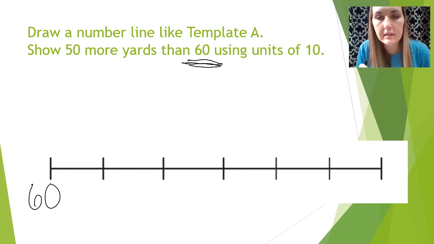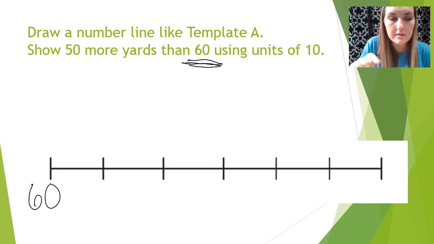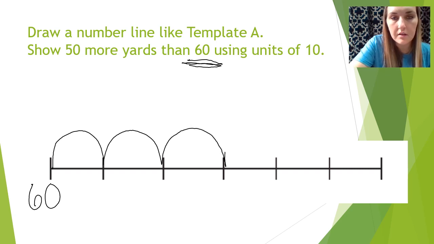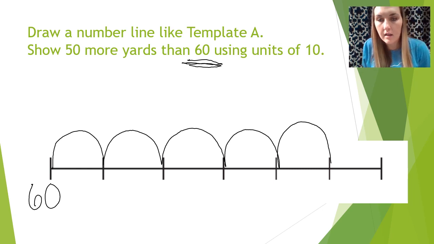50 more than 60. We're counting by tens. 10, 20, 30, 40, 50. I stopped when I counted forward 5 times because I was counting by 10, so I did 50 more.